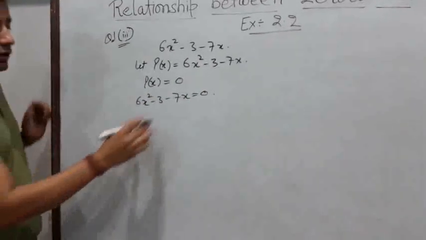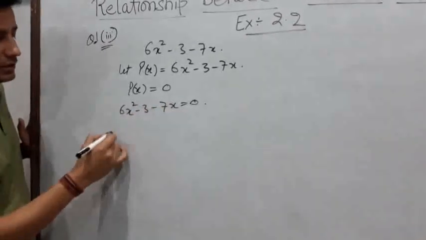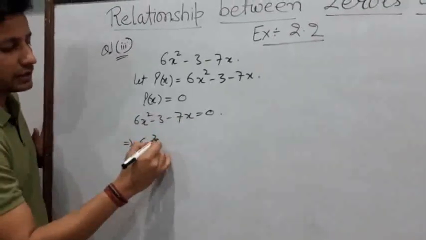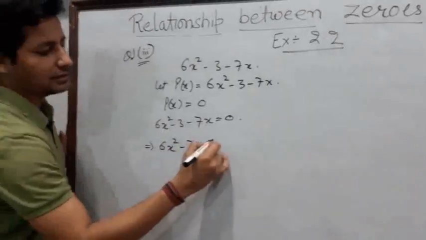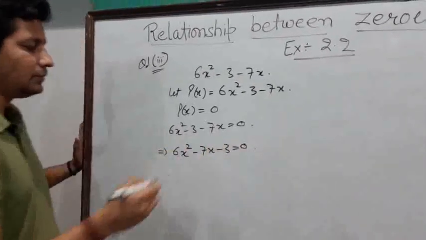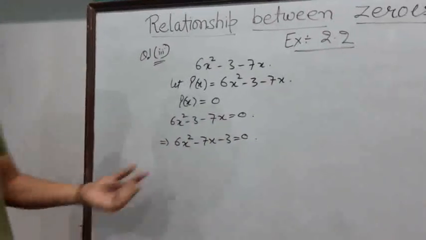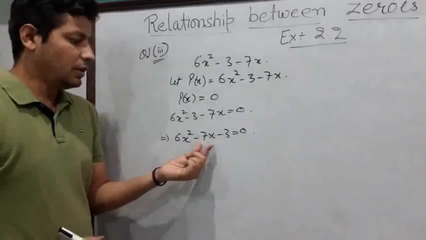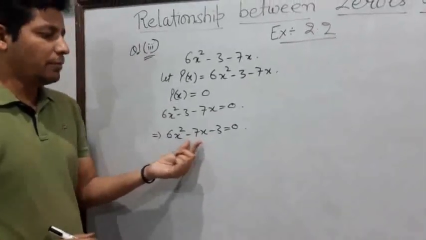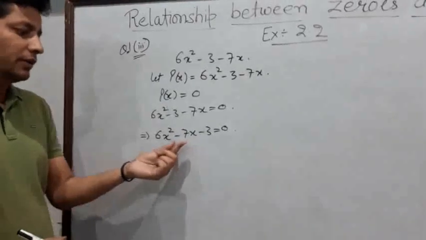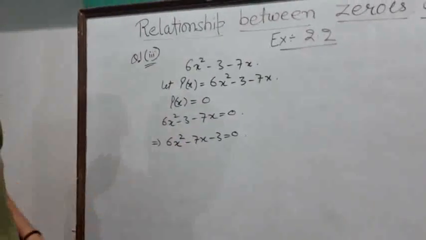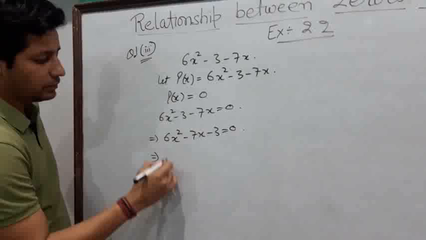Now, we have to arrange this. We get 6x² minus 7x minus 3 is equal to 0. Now, we will solve this quadratic polynomial by the factorization method by splitting the middle term.